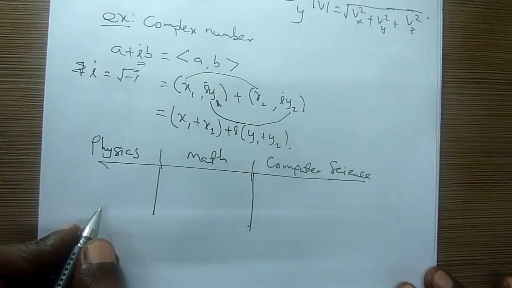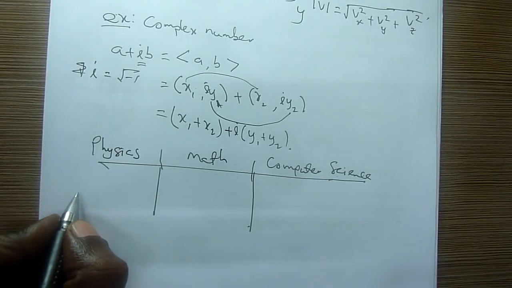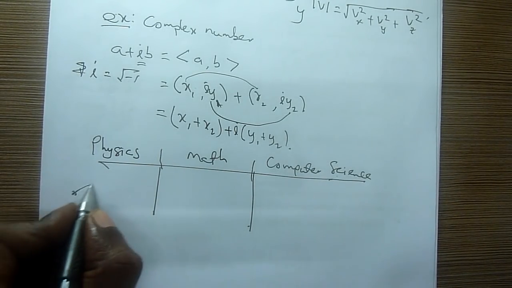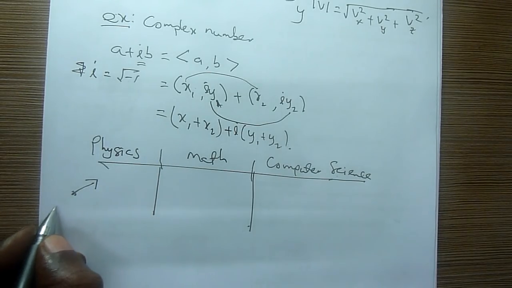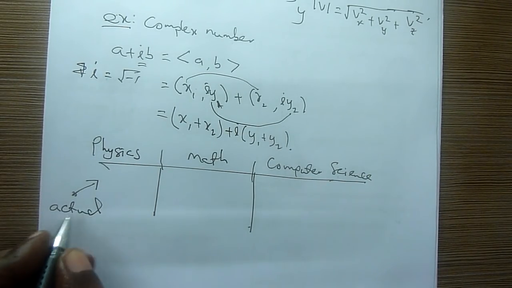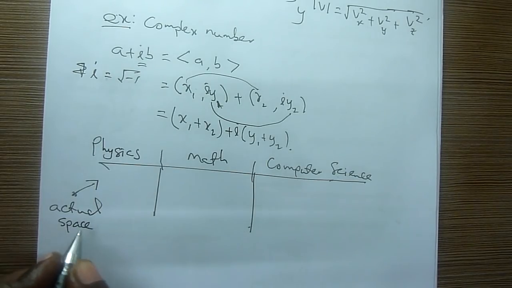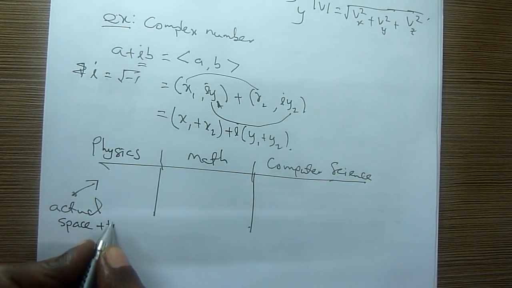Basically, in physics, the vector will be explained as something in actual space, referring to actual space and time.